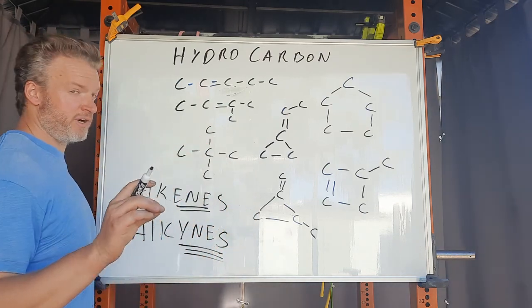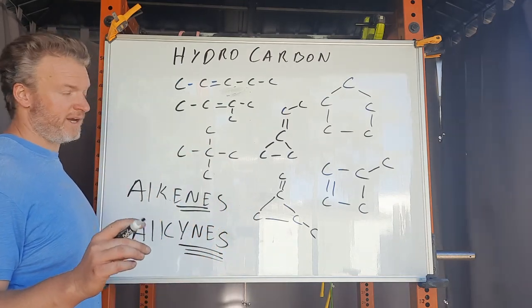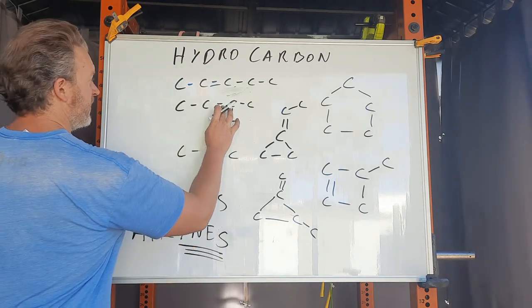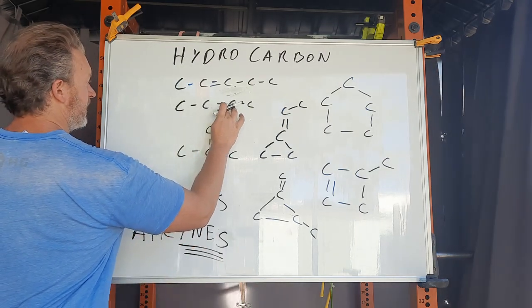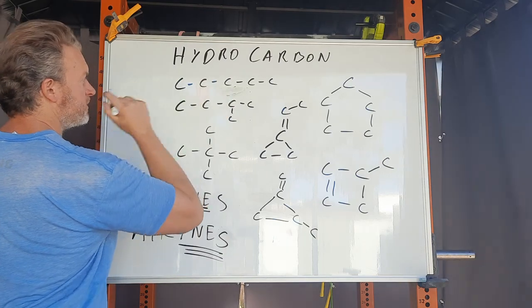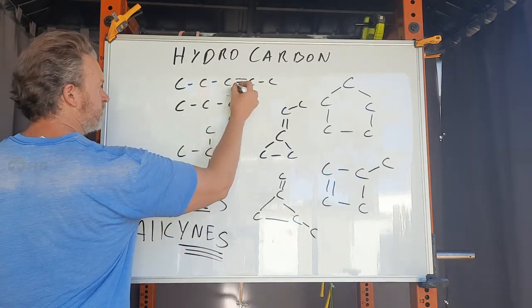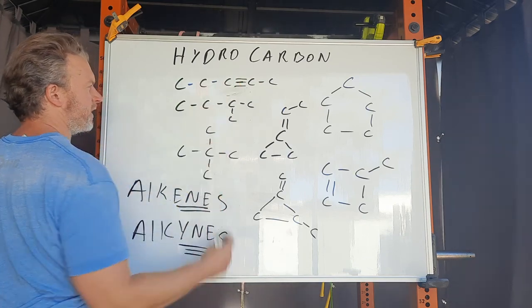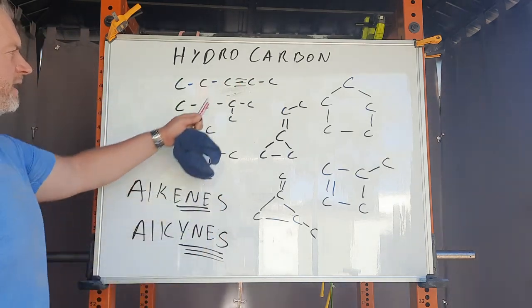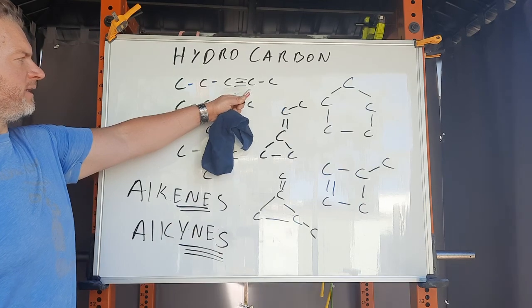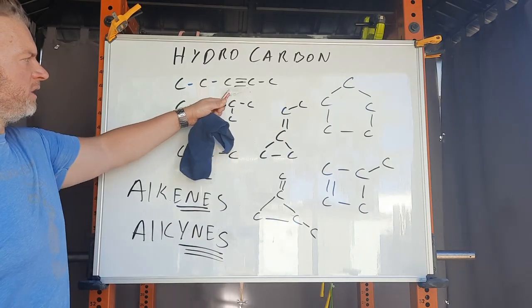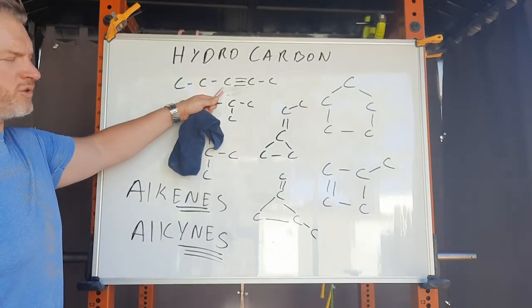Okay. Now, if you're going to have triple bonds, now you really got to count your carbons, where you're putting that triple bond and things like that. Okay. So, for example, let's look up here at this top right here. If I want to make this an alkyne, I have to put the triple bond like all between the carbons. Okay. Like this carbon is bonded 1, 2, 3, 4.